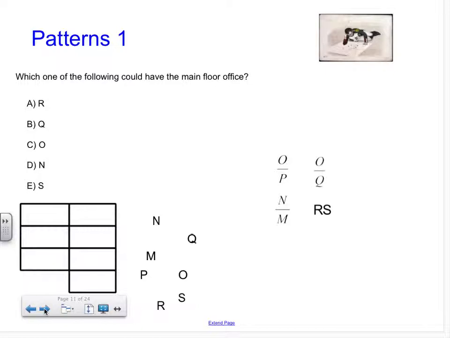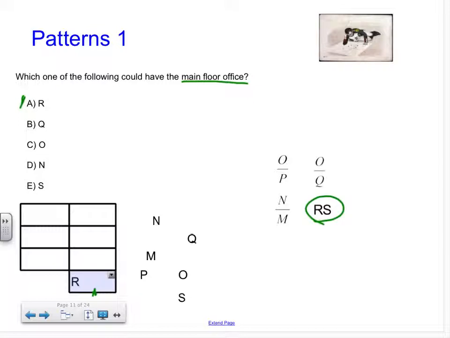So let's try A to start with right here. It says, which one of the following could have the main floor office? So the main floor is right here at the bottom. So let's try R. Well, without even going any further, I know that this can't be the case because R needs to come with S as a package deal.